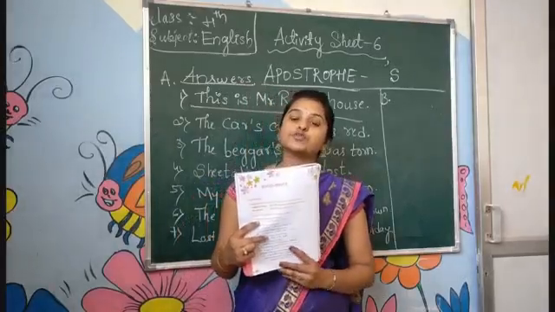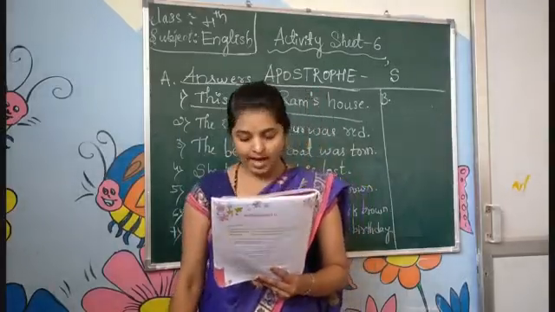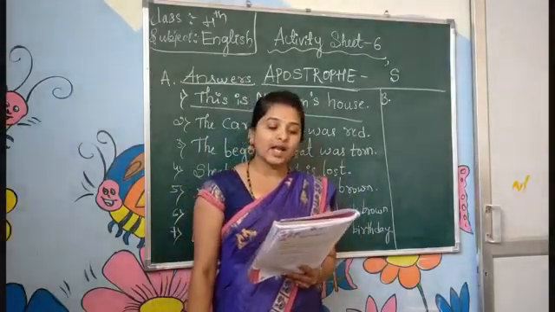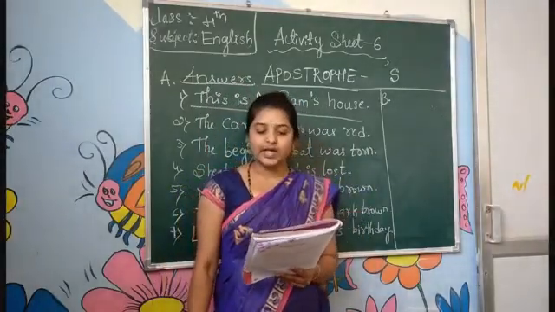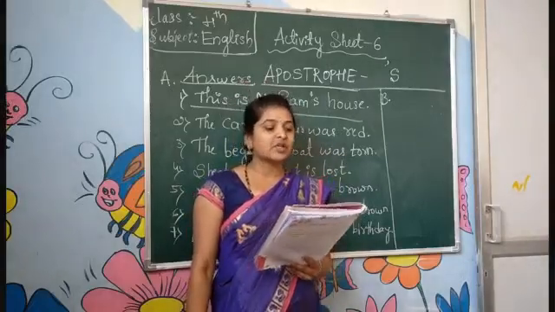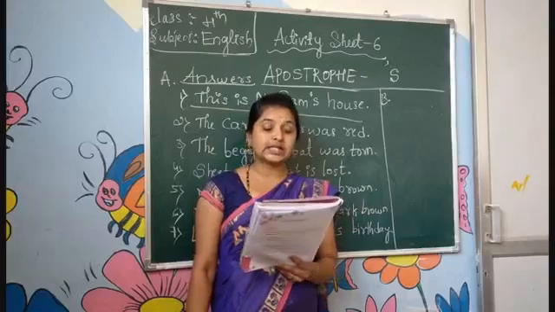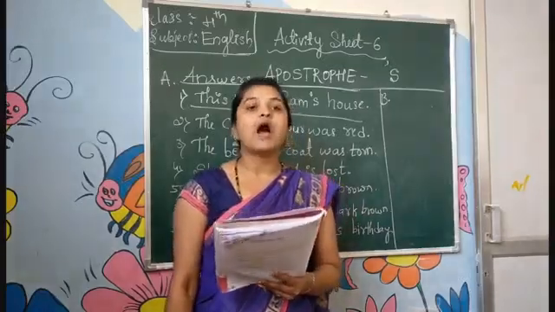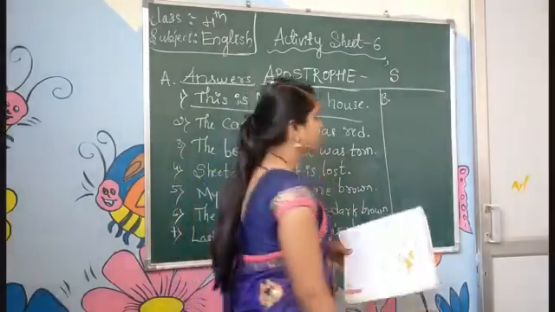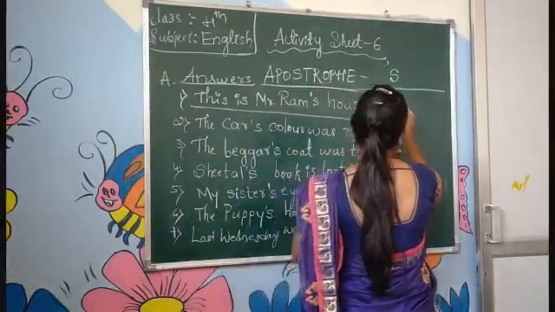So you need to choose the words from the help box: hard, slowly, well, fast, sweetly, gracefully, happily, brightly. So the first one is, the girls behaved. How did the girls behave? The girls behaved well. So you need to write well for the first one.